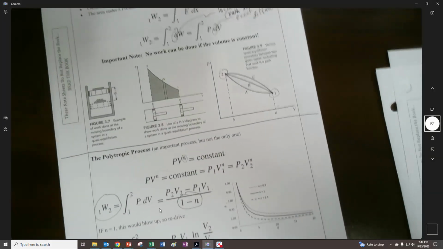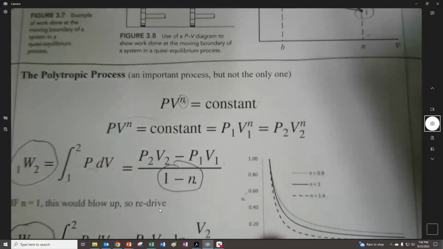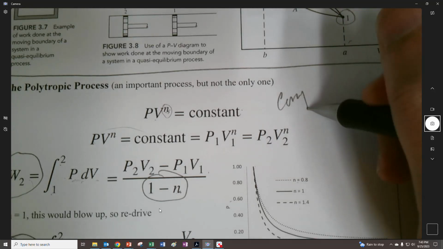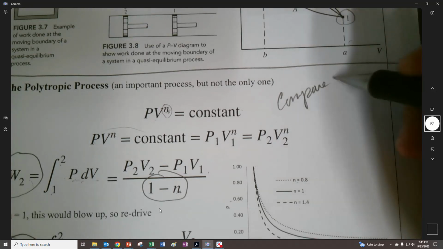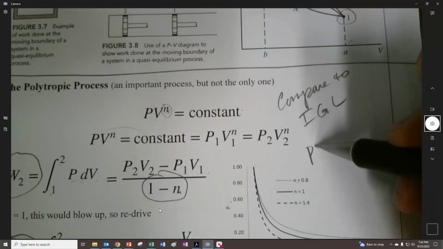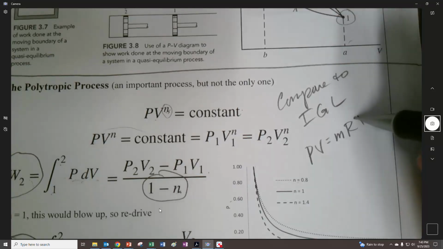Oh, wrong one. Compare to the ideal gas law, right, where we have PV equals mRT.